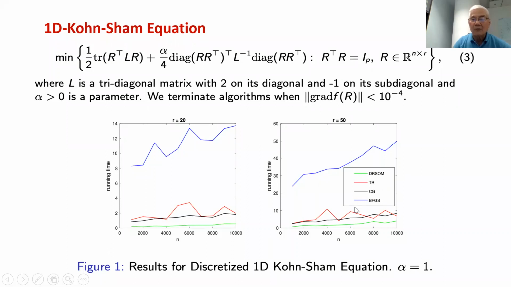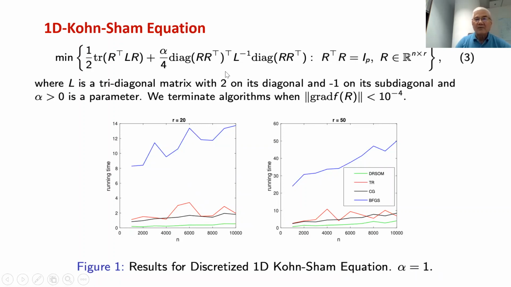Oh, I was wrong, this one is CG, a conjugate gradient, a pure first order method. BFGS is the blue line, the red one is the full dimensional trust region, and this green one is DR sum. Basically, they take less time than the other methods. This is one way to do the constrained case.